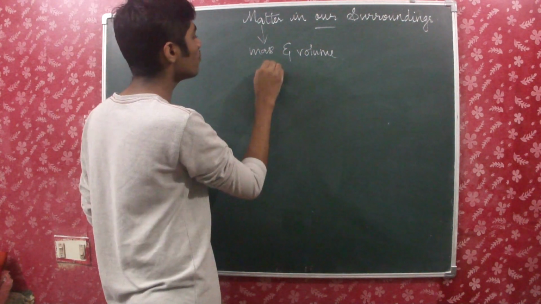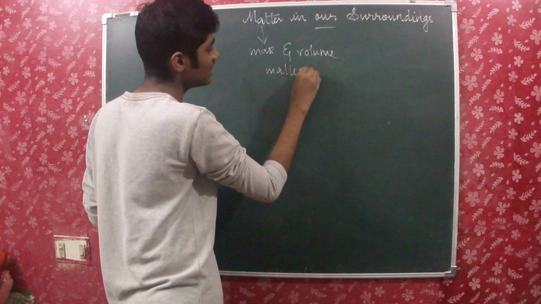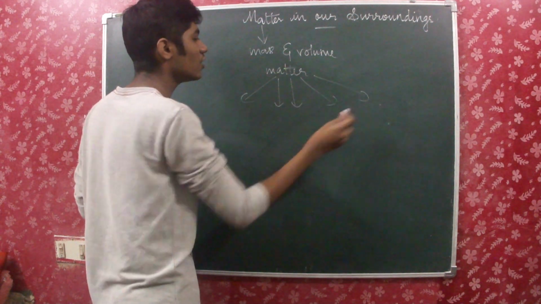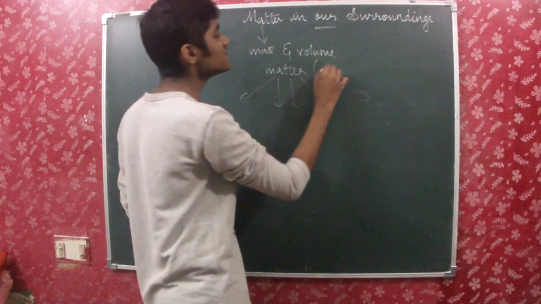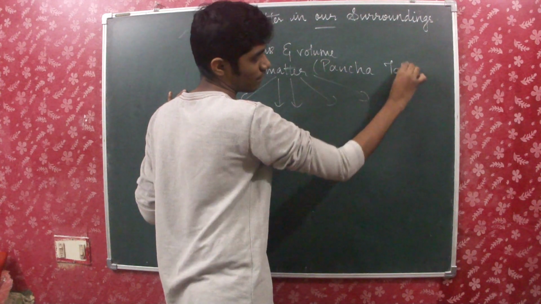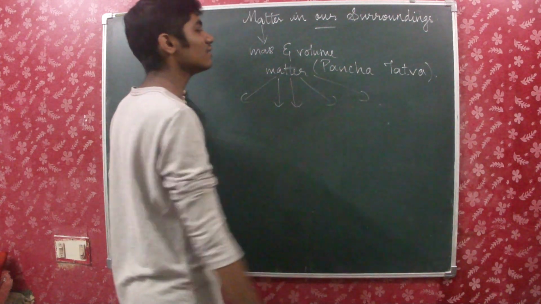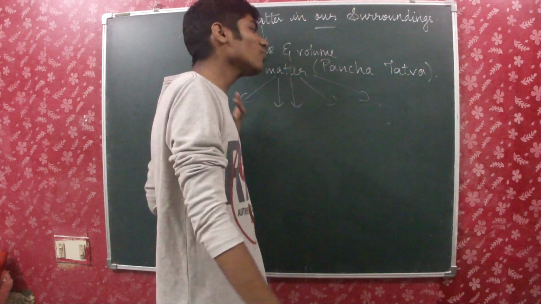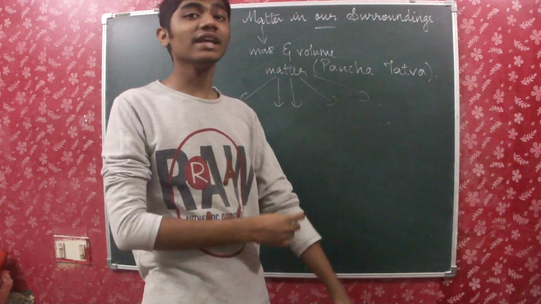Earlier classification of matter: earlier people said that inside matter, one of these 5 components was present, and this division was known as Panchatattva. That is, all the constituent particles in matter are made up of only these 5 elements. That's what their theory was.